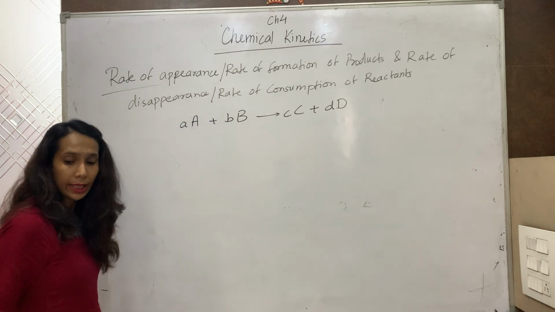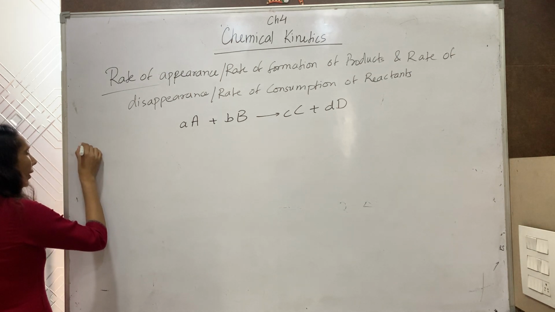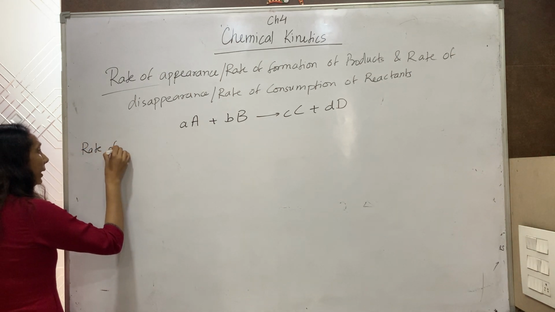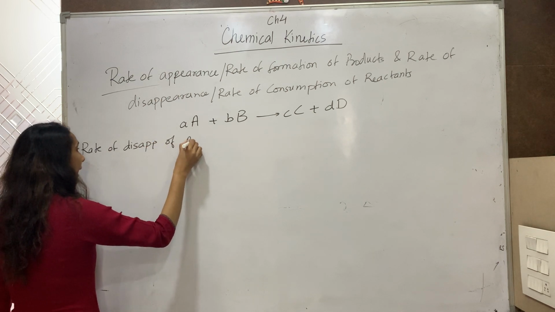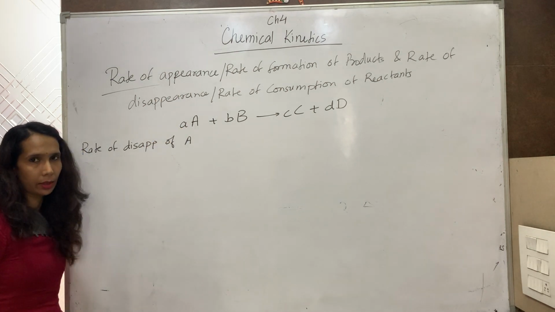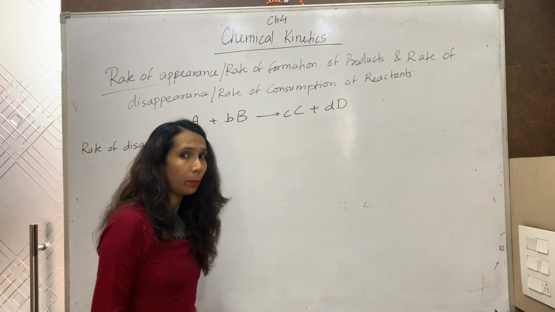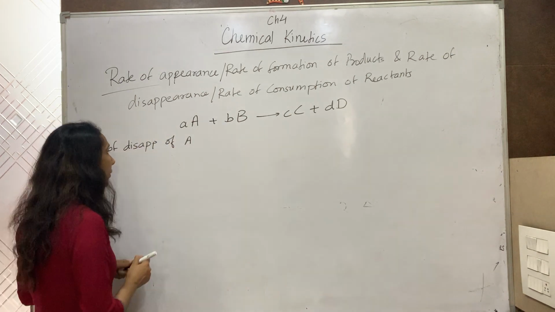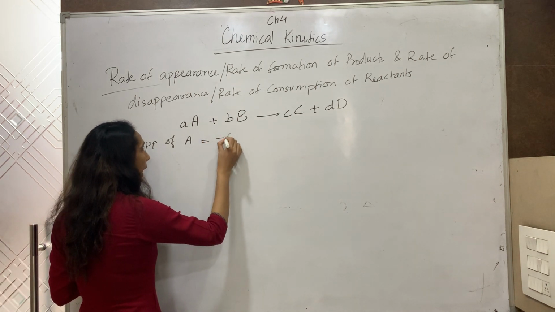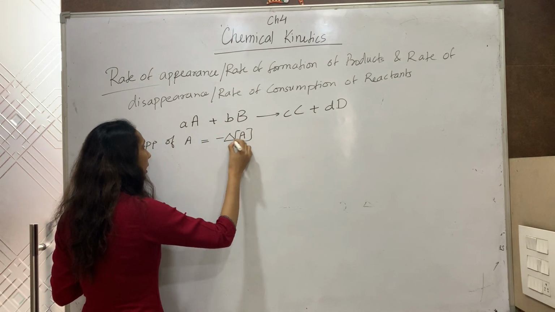Now I am writing separately. First we are considering the rate of disappearance of A. You know, A is the reactant, and when the reaction takes place, the amount of A will decrease. The rate of disappearance of A is minus delta A by delta T.